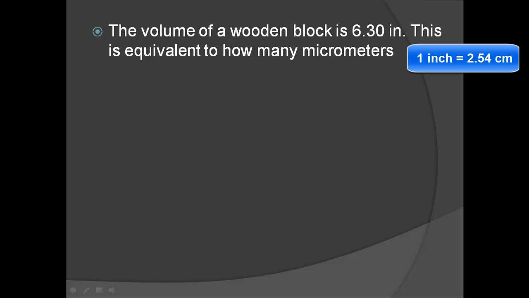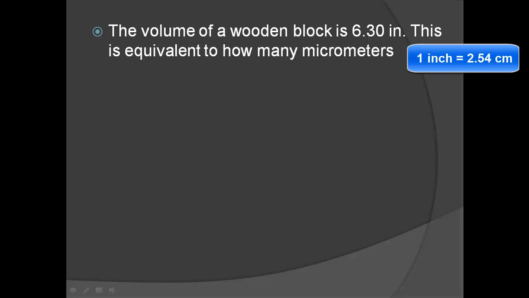As you can tell, 6.3 inches, that's the English unit, and we're going to basically have to convert this to a unit in metrics, which is the micrometer. So how would we set this up? Remember, as I said before, they want to know how many micrometers, so we don't start with micrometers, we start with the other thing. They give us the 6.3 inches, so that's what we would start with. 6.3 inches, and I need to get from inches to micrometers.